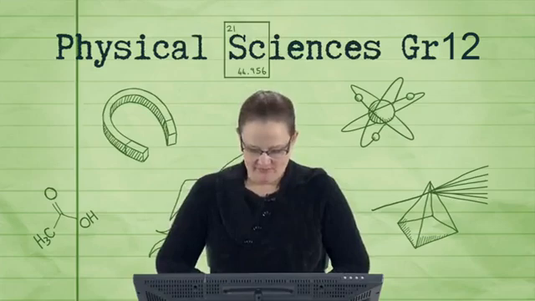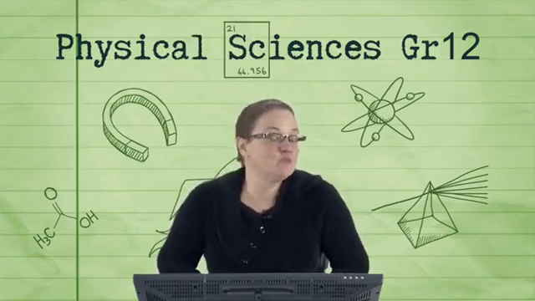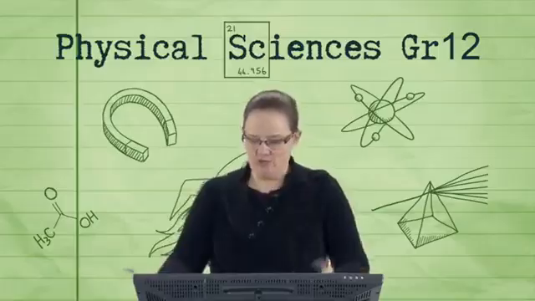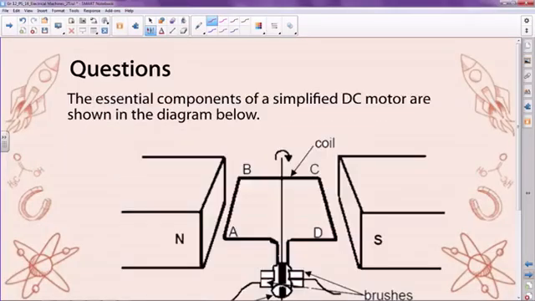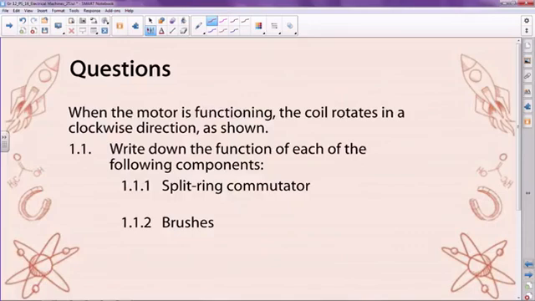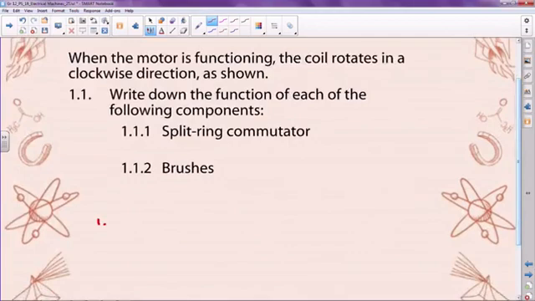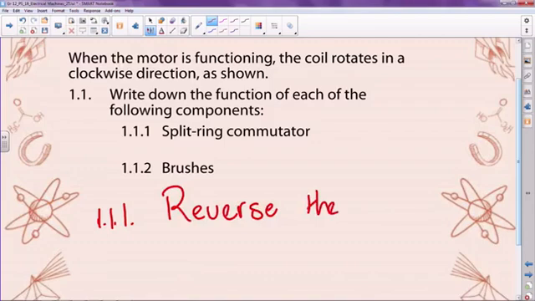Okay, so what is the function of the split ring commutator? There's a couple of ways you could have answered this question, like saying it ensures that the coil travels in the same direction all the time. But what they would want in your exams, the official answer, is that you have to write down that it's to reverse the direction of the current in the coil every half cycle.